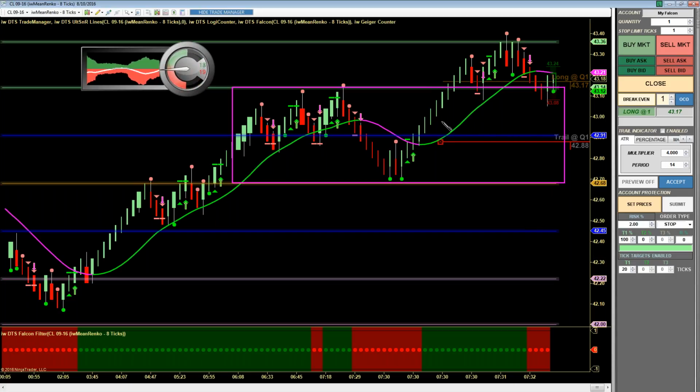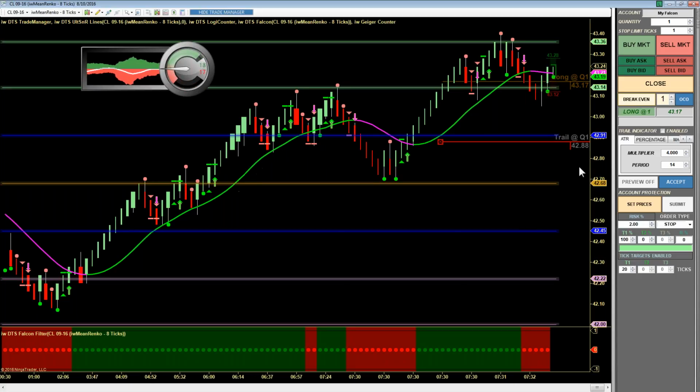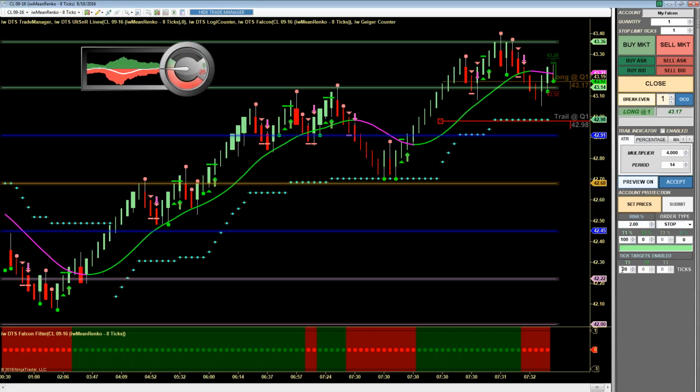We look for the market to break out, retest, and then recommit to it. So I'm looking for that recommit part now. And that would be a good time to get a little bit more aggressive with our stops. There we go. So now they've recommitted, and we'll go back with our ATR stops.